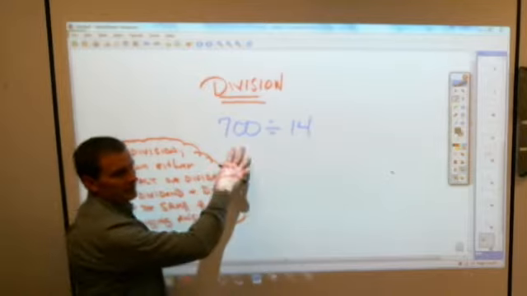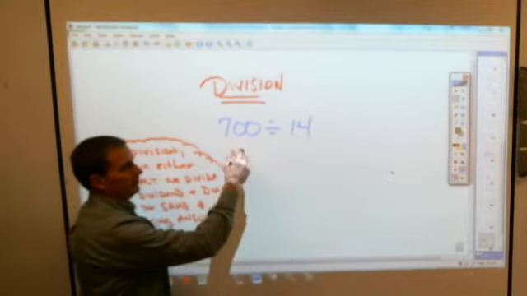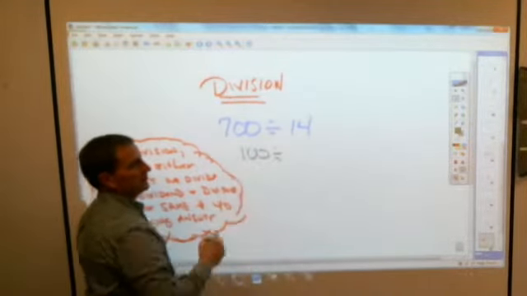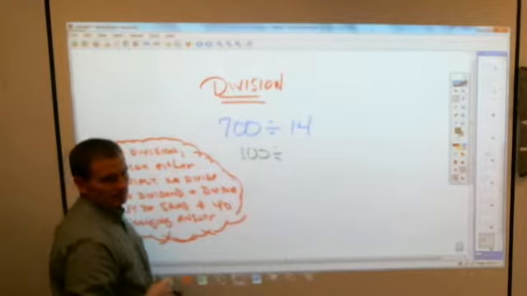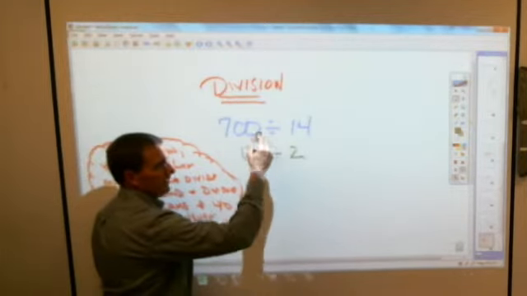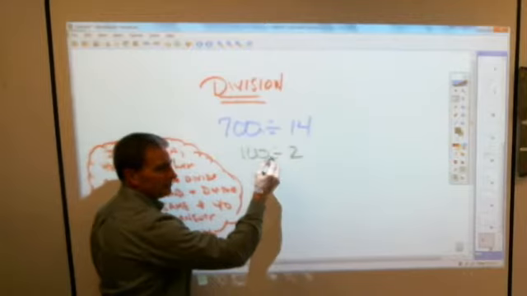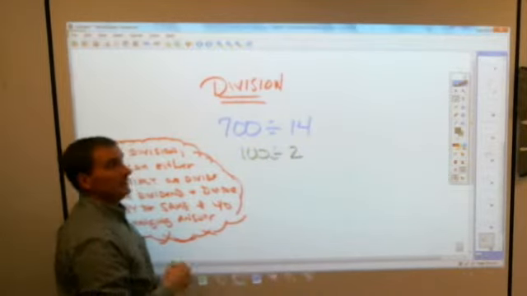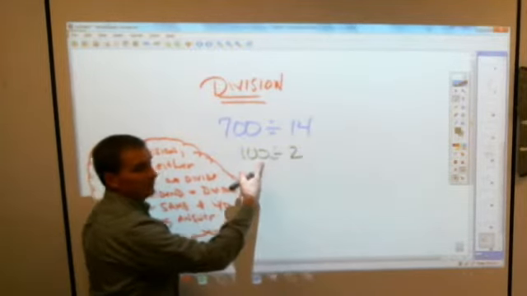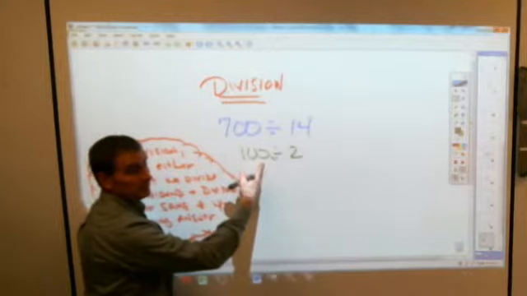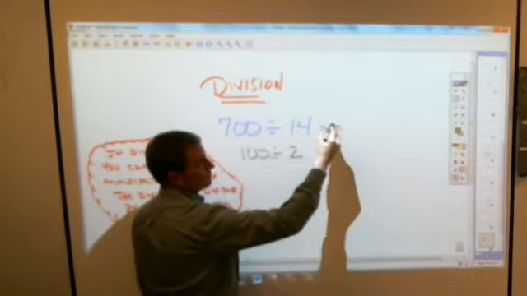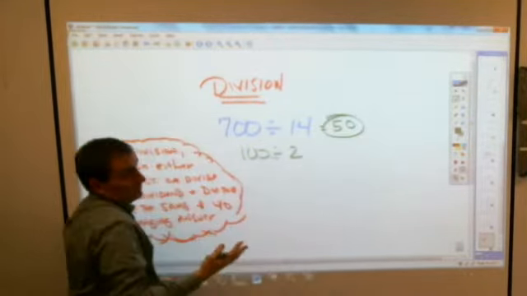What is 700 divided by 7? 100, right? What is 14 divided by 7? 2. The answer to this problem and the answer to this problem will be the same, which means I can answer this problem because 100 divided by 2 is pretty simple. It is 50. So the answer to this is 50.